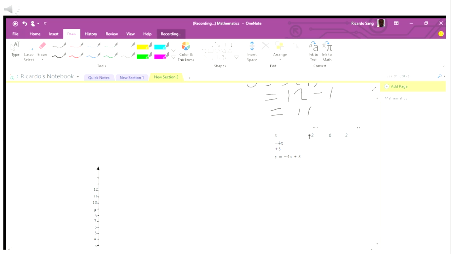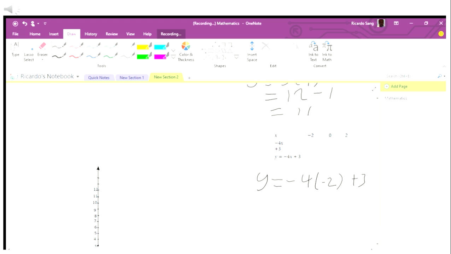So the x values are given here. x is equal to minus 2, 0, and 2. So let's plug in the first value into the equation. y equals minus 4, open bracket, minus 2, close bracket, plus 3.